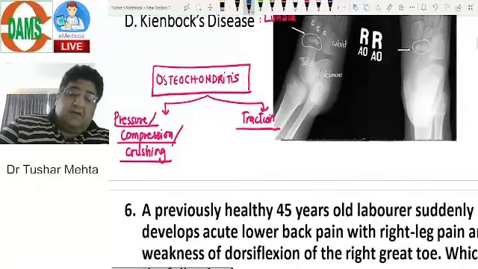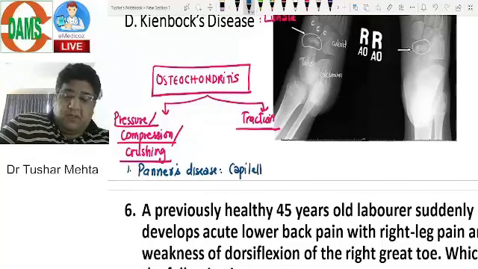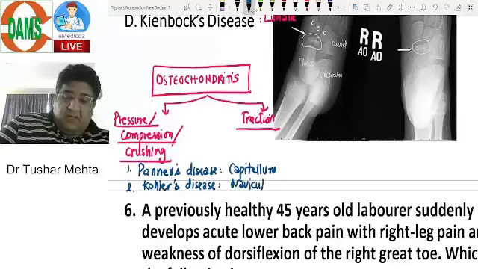Out of which the first example is Panner's disease that you should know. Panner's disease involves the bone called the capitulum. Then you have Kohler's disease, which involves the navicular.